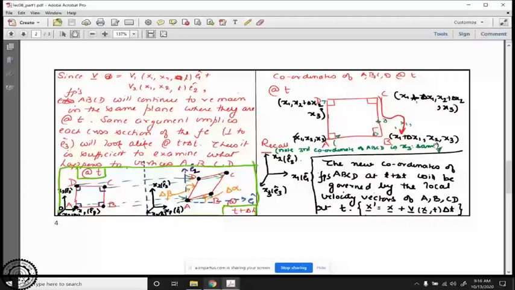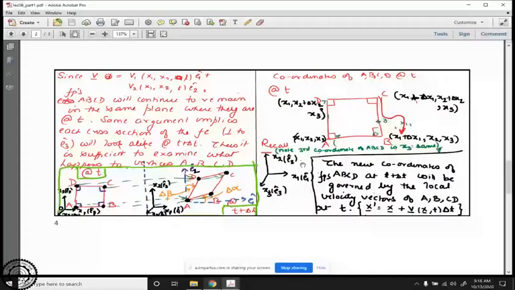But at time t, AB is along the E1 axis, so x2 and x3 remain the same. C is x1 plus delta x1, x2 plus delta x2, x3, and D is x1, x2 plus delta x2, x3. All of them lie on a plane, so the third coordinate is identical, x3. So this is at time t.